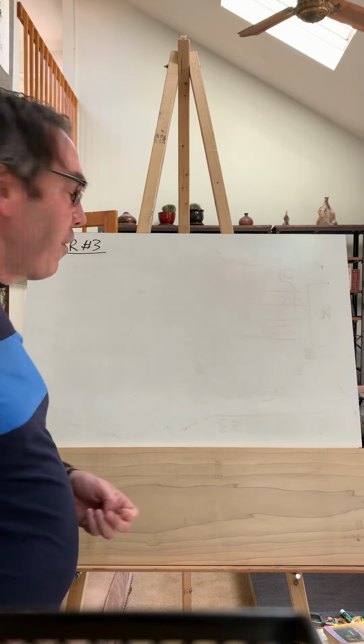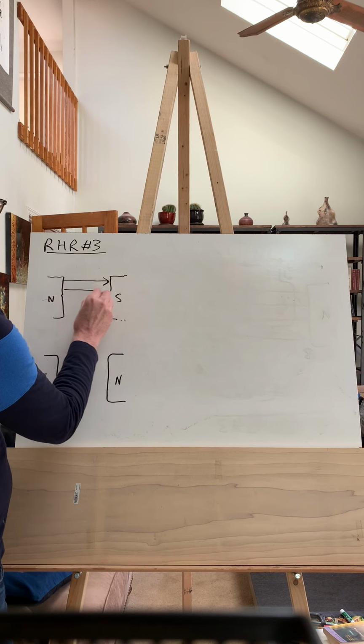It goes off like this, and then has its own north pole. But the interaction between these two is much stronger, so we can ignore that. Now, we could also take these two magnets and swap them so that we had a south pole and a north pole like this. In this case, our field would be like that.